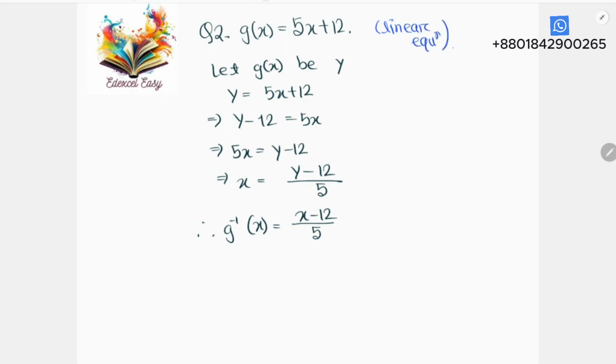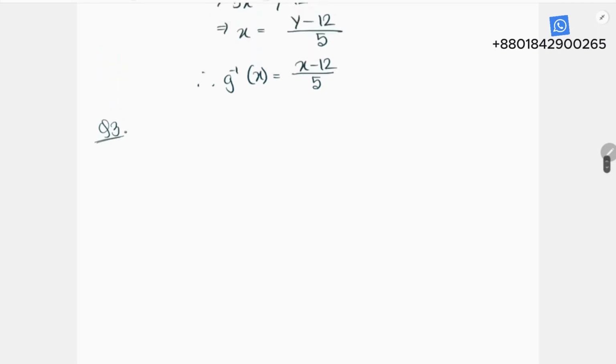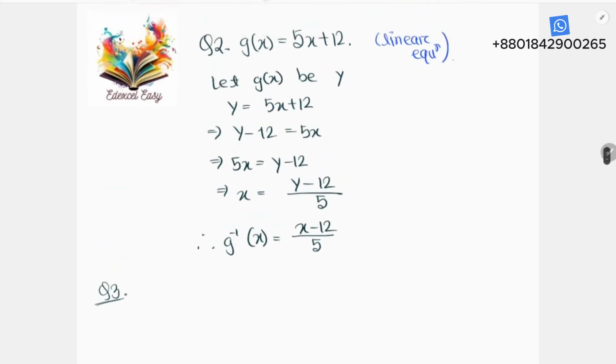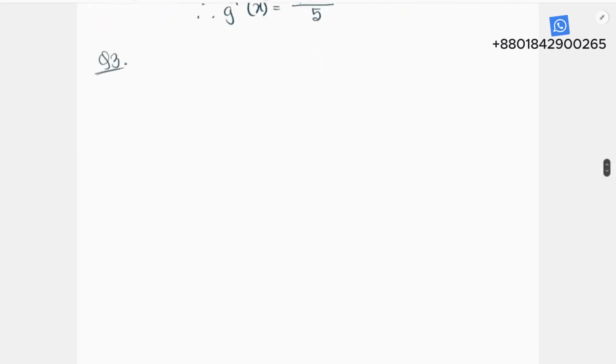Now moving to question 3. Right, since we are done with fraction graphs and linear equation, again in quadratic equation, they are going to use the same two formats, ax squared plus c or ax squared plus bx plus c.